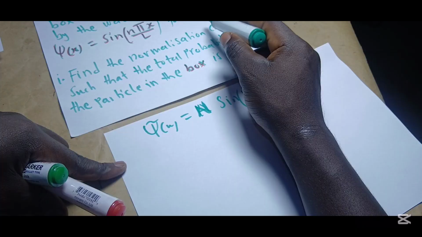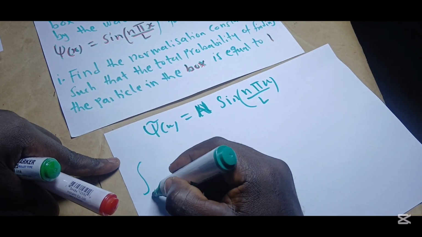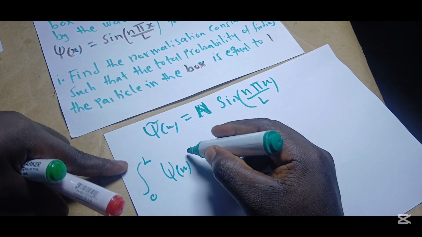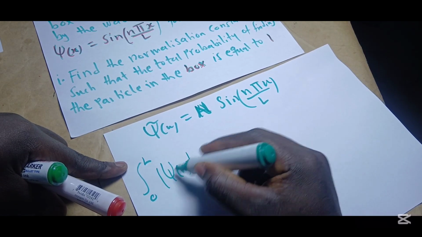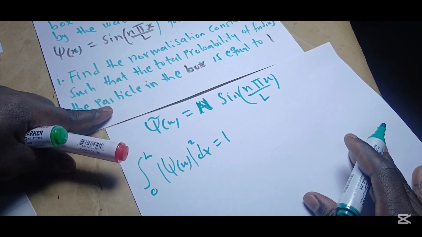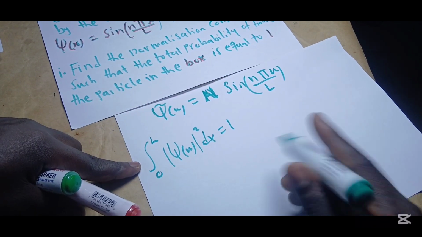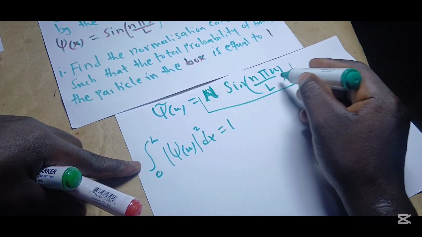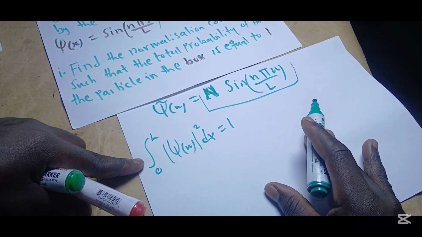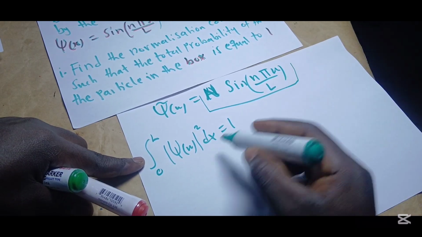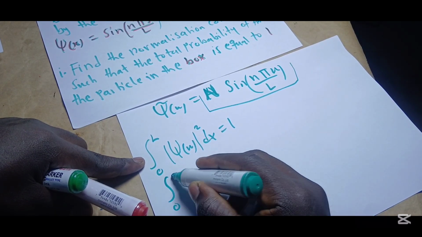The integral, the limit is from 0 to L. So the integral from 0 to L of psi of x squared dx should be equal to 1. And now we know this psi of x is equal to n sine n pi x over L. So let's do that.